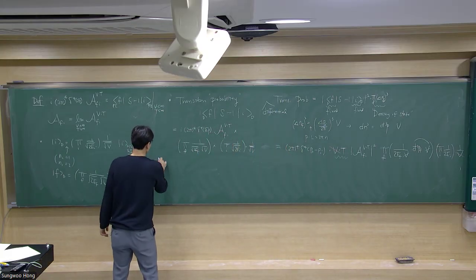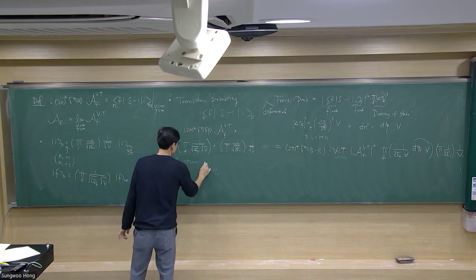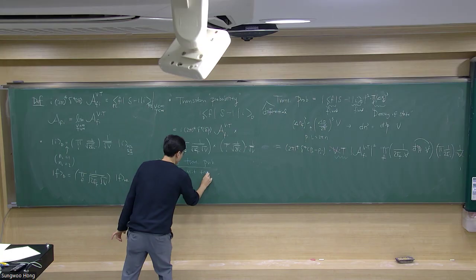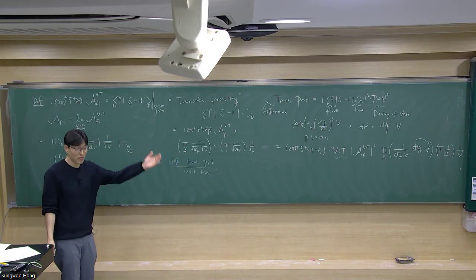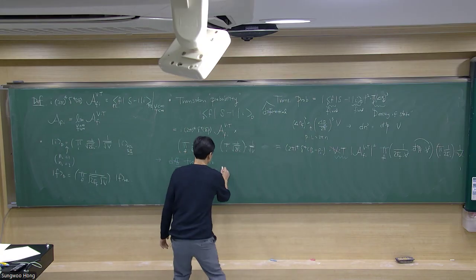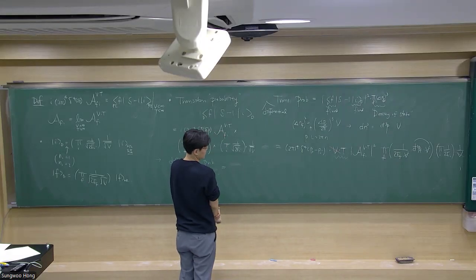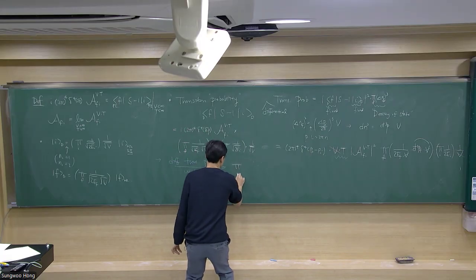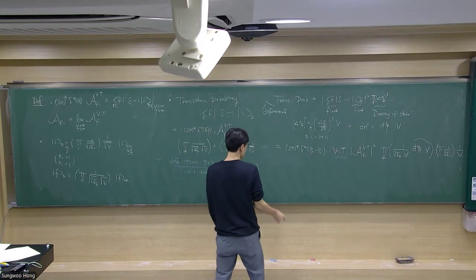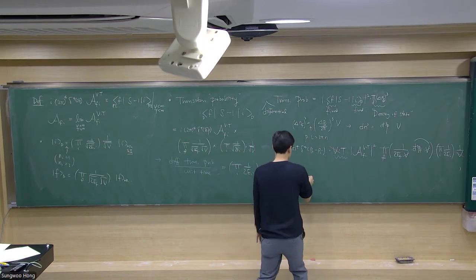So how do we solve the problem? Well, we just ask a different question. So the differential transition probability per unit time, divided by dt, is equal to, let me just write this first. 2E_I for the initial state. And then we have this.